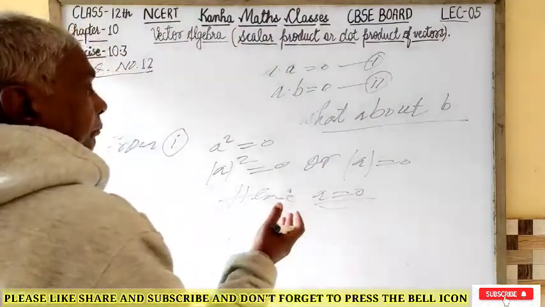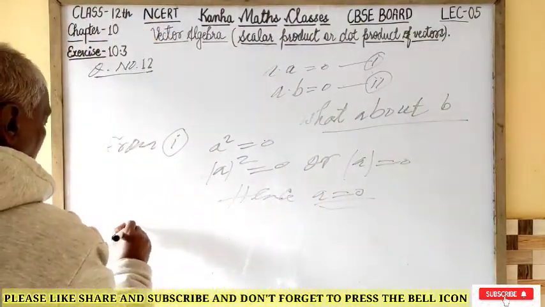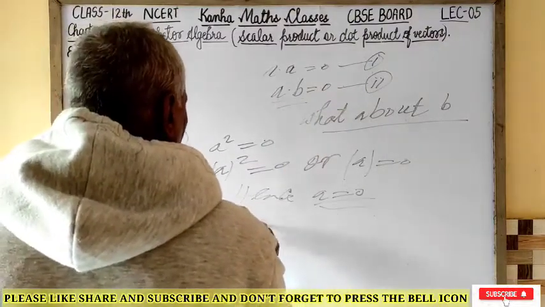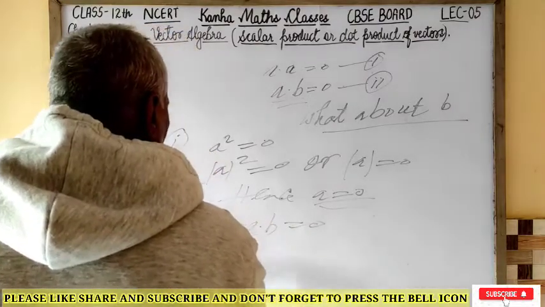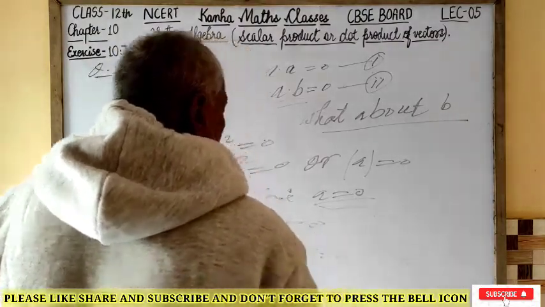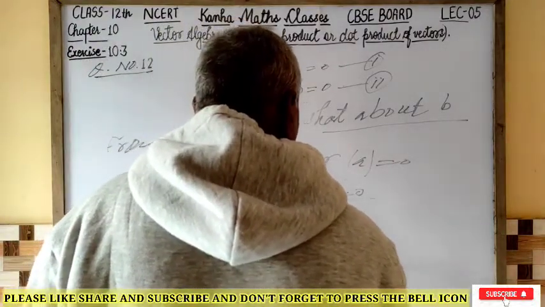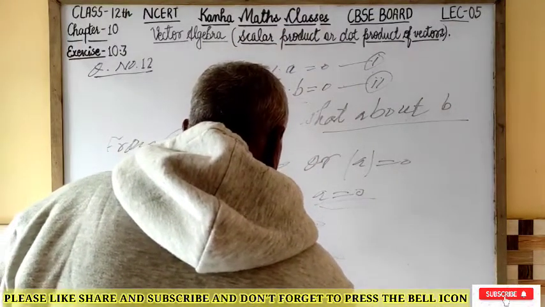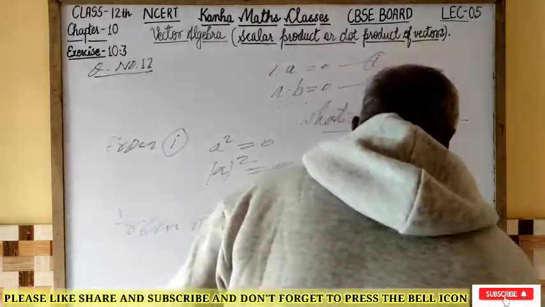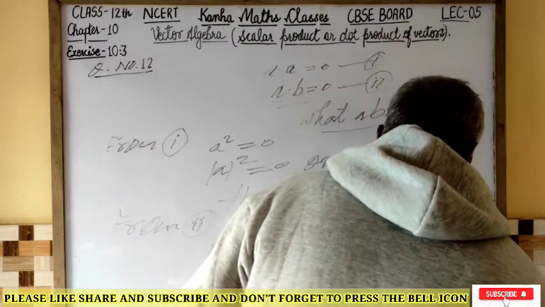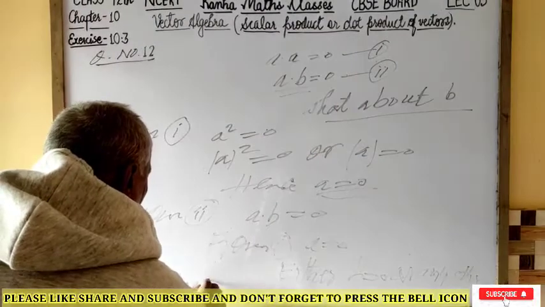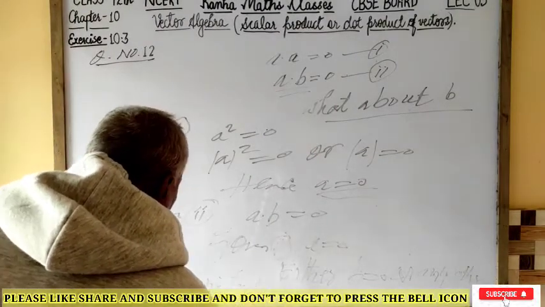It's clear that vector A is 0, but from equation 2, the dot product of A and B is 0, and from the first, A is equal to 0, it means either B is 0 or any other vector of any magnitude. This is the requisite answer.